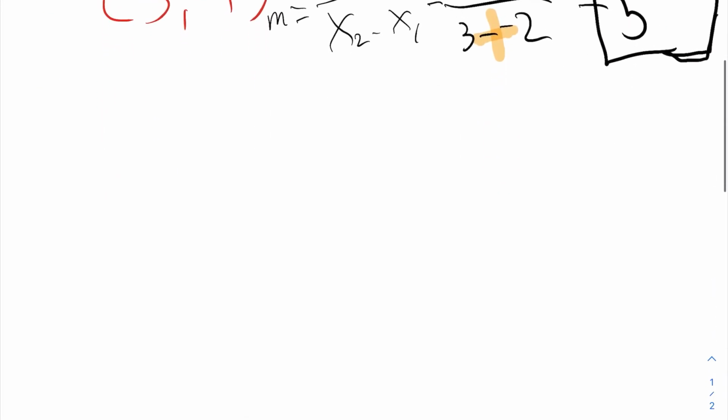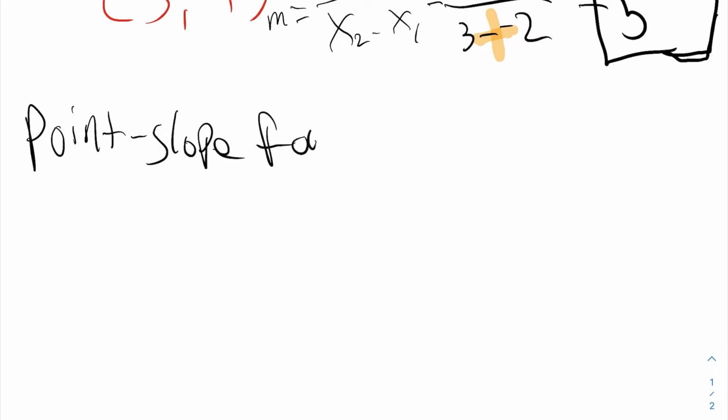All right, so finding slope is important. We deal with slope quite a bit. Another thing we're going to talk about is called point slope form. Think about what that's saying: I need a point and I need the slope.